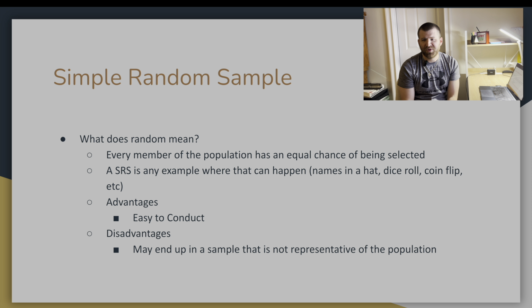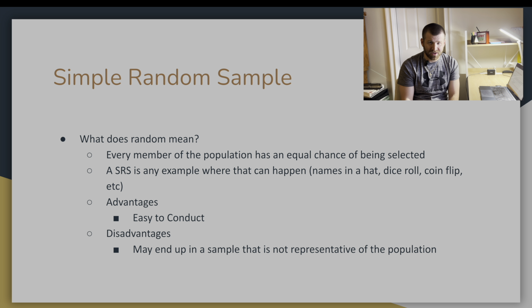So let's say we have people who are like 90% Yankees fans, 10% Red Sox fans. It's very possible in a simple random sample that I end up with all Yankees fans just because of the makeup of the population, and based on this procedure, there is a very high likelihood that I end up picking a Yankees fan.